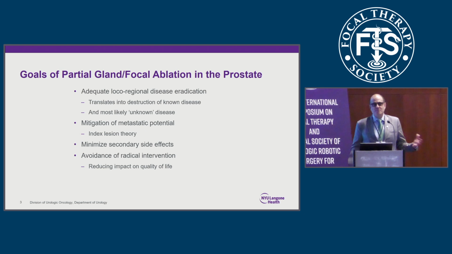So as has been pointed out this morning, it's not the conventional Halstedian wide margin eradication of all disease, it's mitigation of risk that occurs through local regional control and avoiding radical intervention.